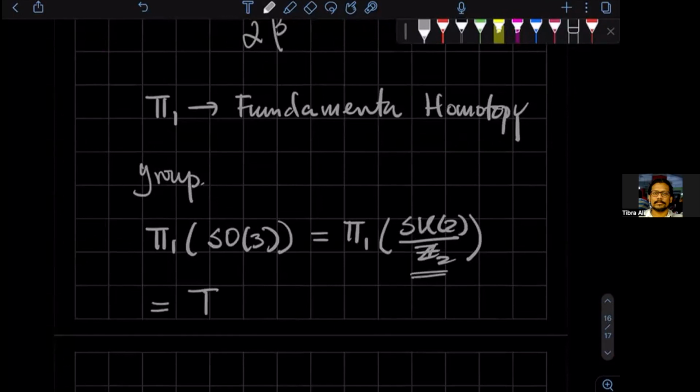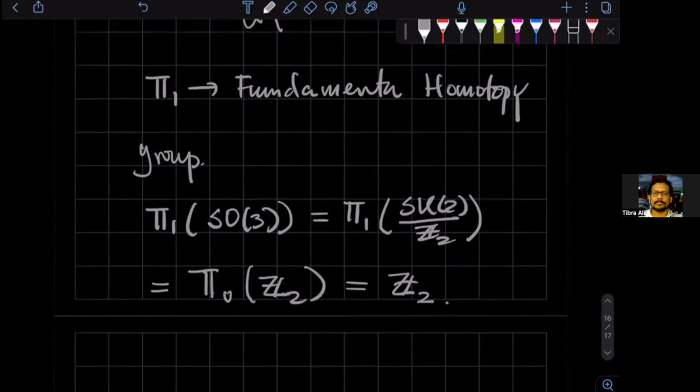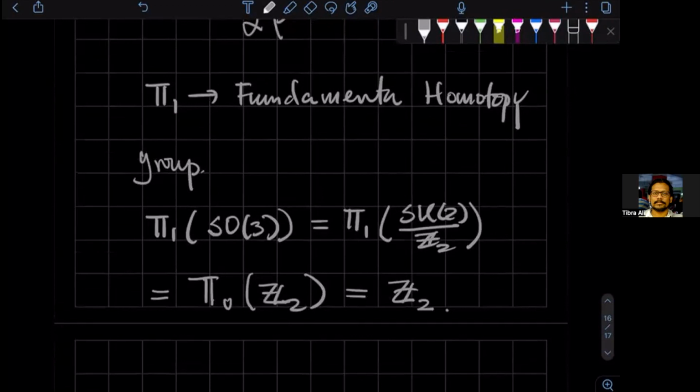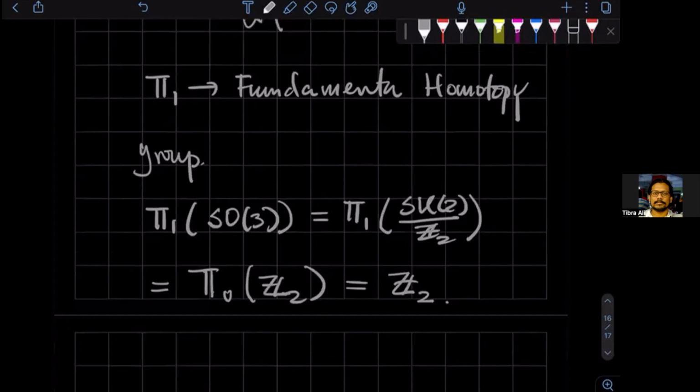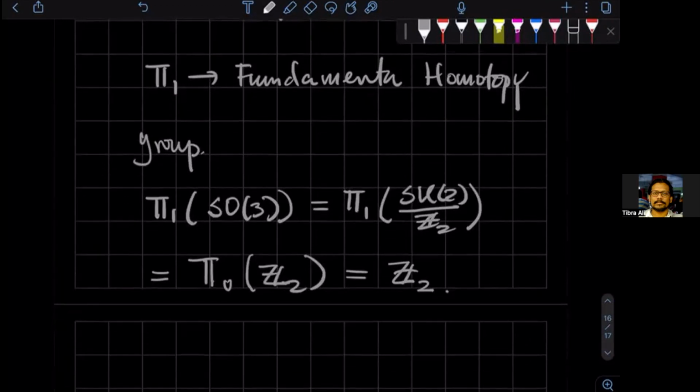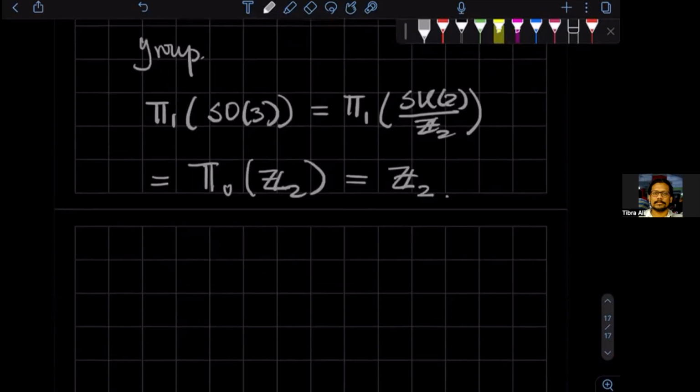If the space is a quotient space, you can relate that to the pi0 of Z2. And this actually means that this is Z2 itself. Okay. So the fundamental homotopy group of SO3 is Z2.